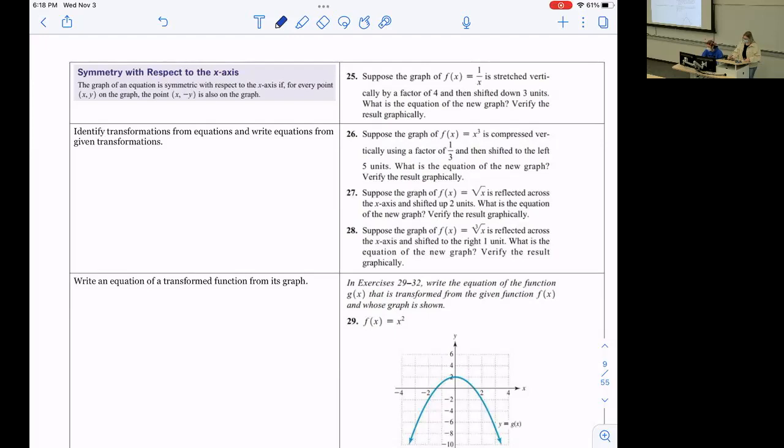27. All right. So for 27, suppose the graph of f of x equals the square root of x is reflected across the x-axis and shifted up 2 units. What is the equation of the new graph? So we're given f of x equals the square root of x, and we have a reflection over the x-axis and then a shift up 2 units.